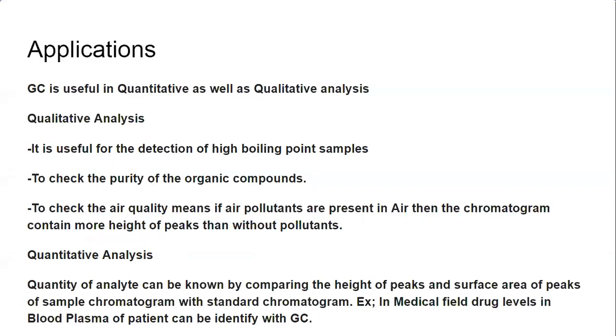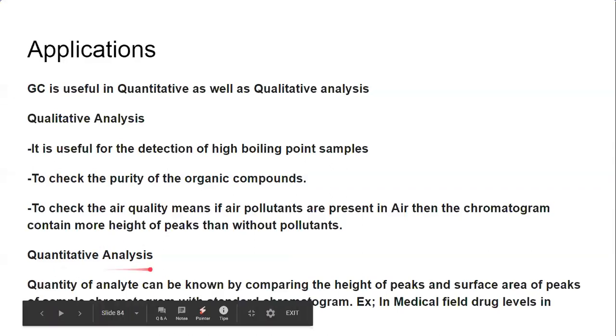So here also, if you compare the chromatogram of fresh air taken by the GC with the chromatogram of air pollutants, then the peaks of the chromatogram of air pollutants will have higher heights than fresh air.